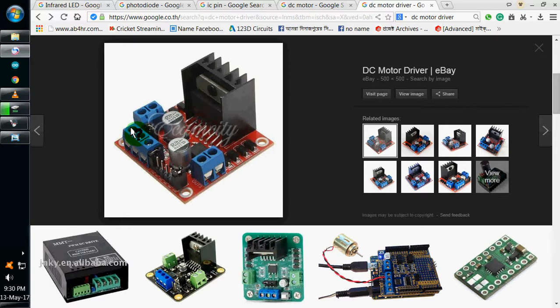These 2 and these 2 are the motor connections. This board can control 2 motors. It can drive the DC motor forward or reverse, clockwise or anti-clockwise. The 3 terminals are: the middle one ground, maybe the left one 12 volt and the other 5 volt.